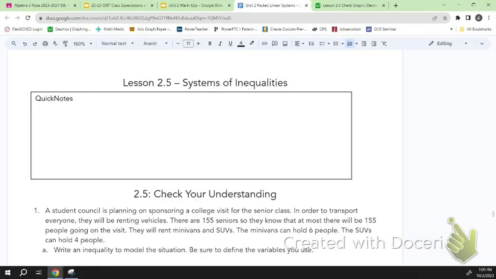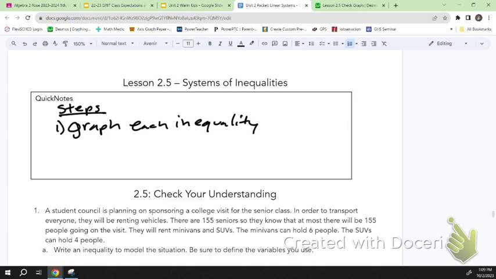All right, we did one of these in the warm-up, but I kind of gave you some steps. So the steps from the warm-up were: graph each inequality. When you want to shade, what should we do?